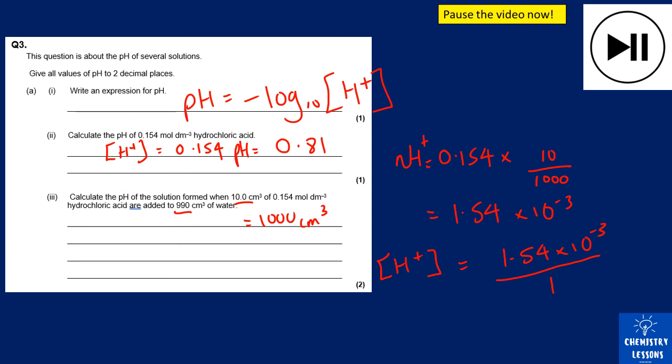So we can just do minus log base 10 of 1.54 times 10 to the minus 3. That pH comes out to 2 decimal places as 2.77.